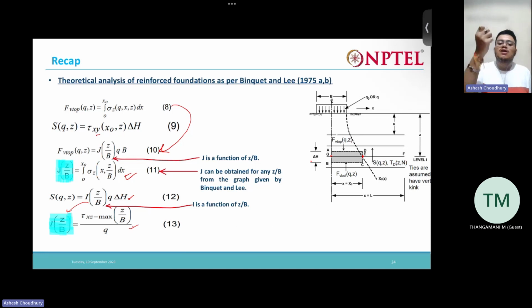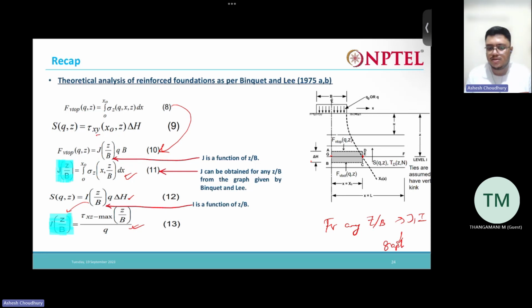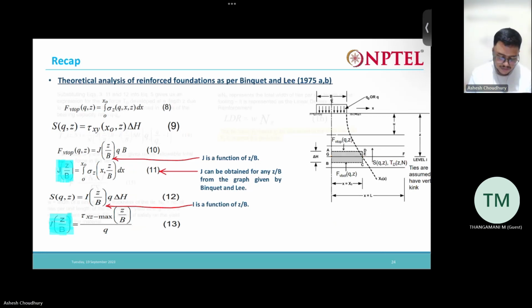So at any Z by B depth, we can easily get the values of J and I from the graph given by Binkert.